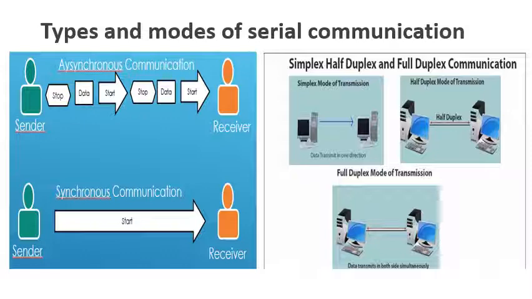Communication in general between any two devices can follow three different modes of transmission: simplex, half duplex and full duplex. In simplex, there is one-way movement of data and only the transmitter can send data. In half duplex, both the transmitter and receiver can transmit data, but not at the same time.